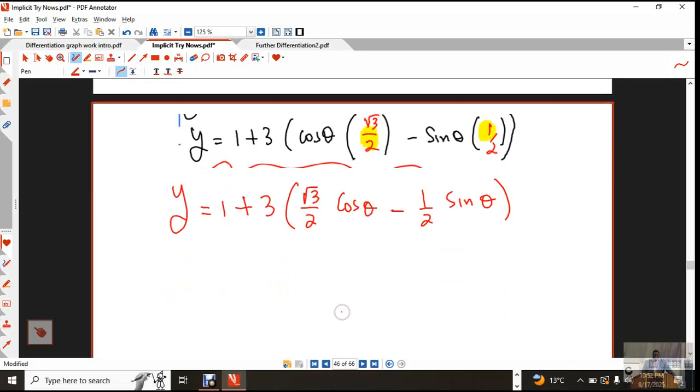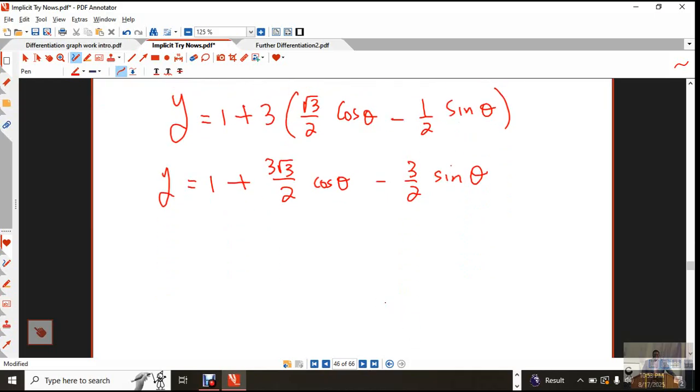This is going to be y equals 1 plus 3 root 3 over 2 cos theta, numerator times numerator, and then 3 times negative a half is negative 3 halves of sine theta. I think I'm now ready to find the derivative of that.